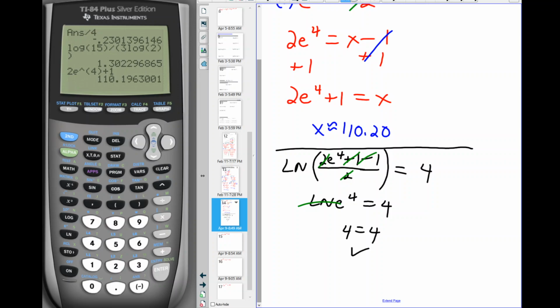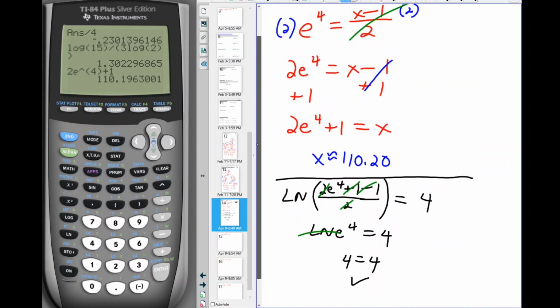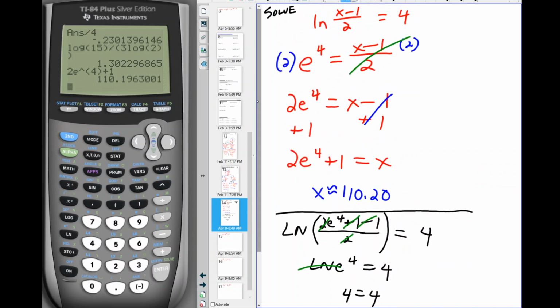But let's verify by calculator, just because we love our calculator. I've already put this 2e to the fourth plus 1 in the calculator. So now let's see what happens if I hit ln of that answer that I already have in the calculator minus the extra 1.